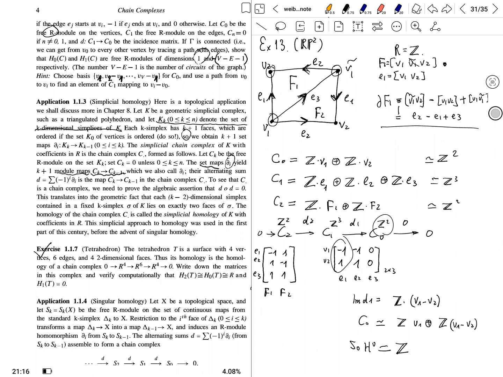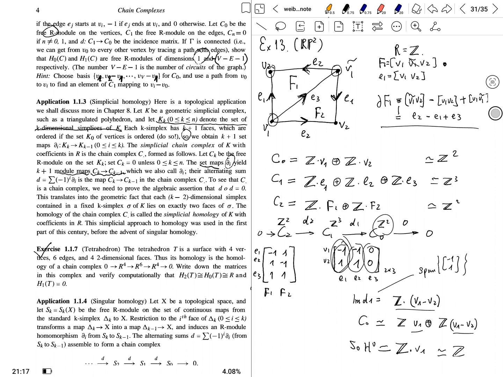The image of D1 is just the span of the column vectors, which means it's the span of minus 1, 1, that is, the span of V1 minus V2. In C0 you could find a basis including V1 minus V2, so H0 is isomorphic to Z.